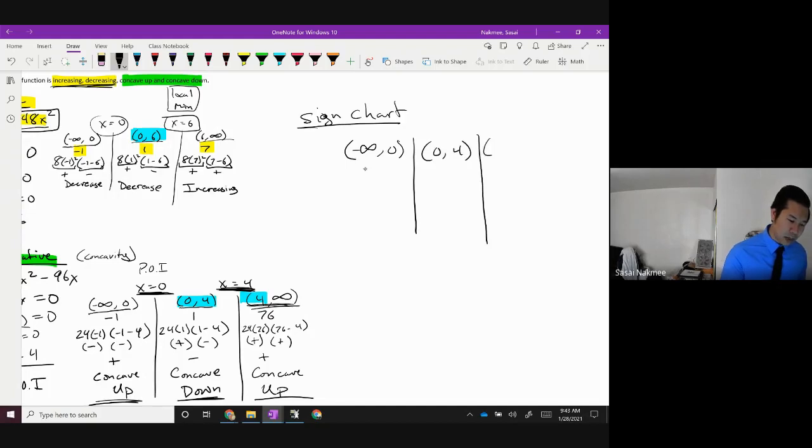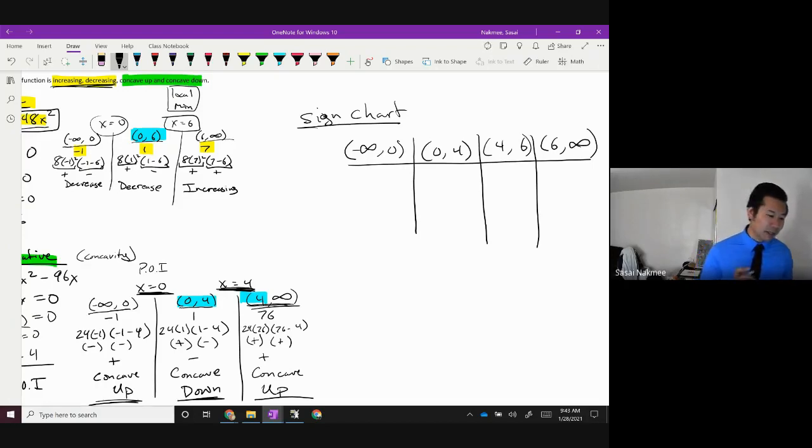And then I'm going to go from 4 to 6. And then I'm going to go from 6 to infinity. I'm going to pause there for a second. I'm going to let you guys look at the intervals that I just created right here for the sign chart I'm going to make. Can you guys see it okay?